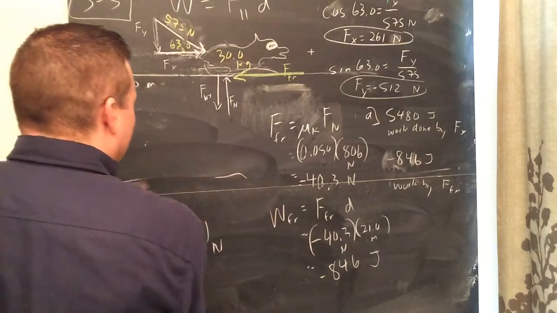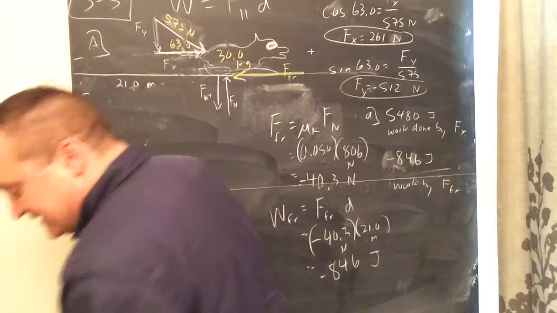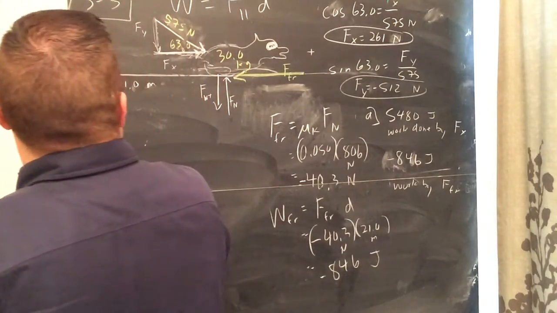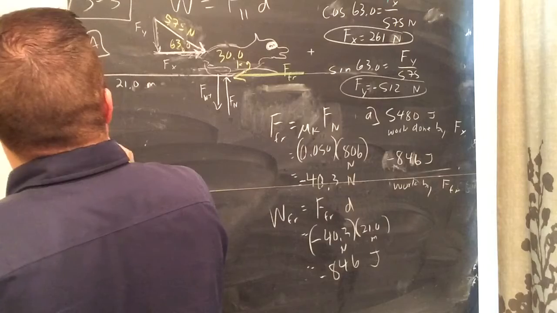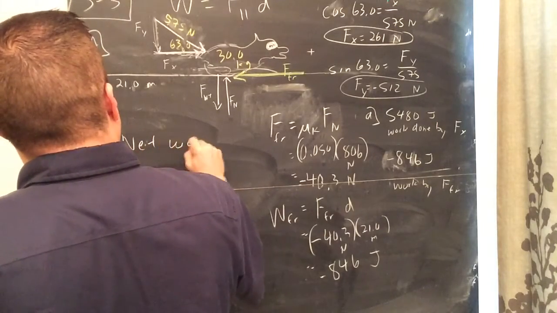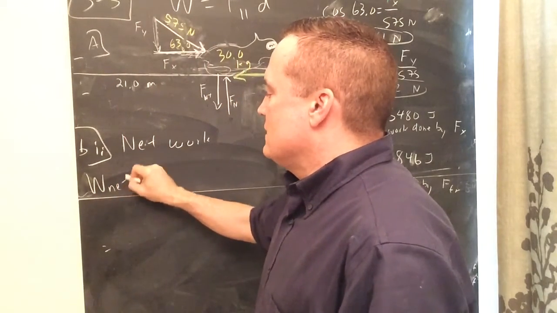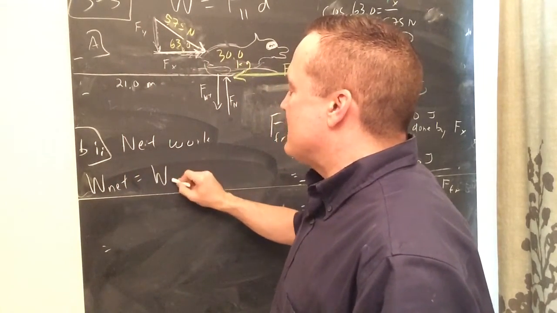All right, then the last part, this really should have been a C, but it's on B. What is the net work done? Okay, so I'll just call it B part 2 or something. Net work. The net work is equal to the sum of the work done by every force.